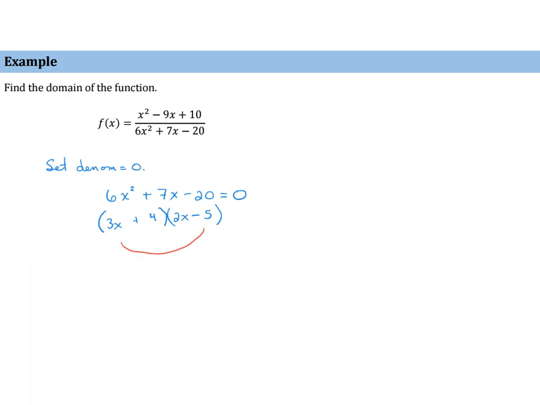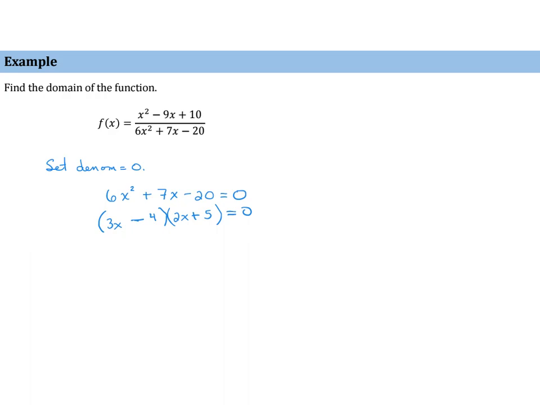So let's go ahead and fix that. This should be 3x minus 4 and 2x plus 5. Don't forget this equals 0. If we check this out, it will indeed FOIL into the 6x squared plus 7x minus 20.